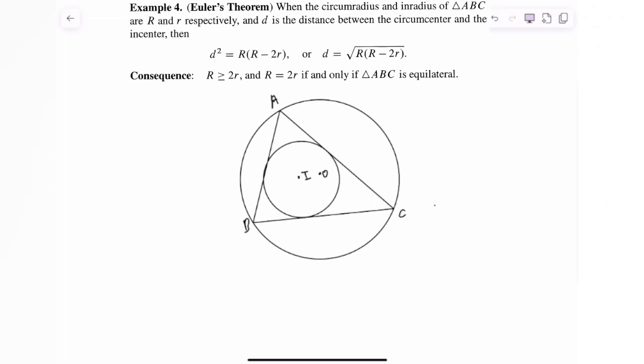Circumcenter is O, the distance is d, and yeah, okay, so let's just draw the lines like this.